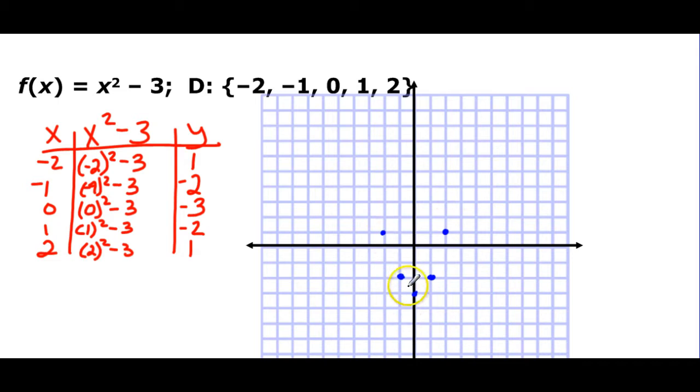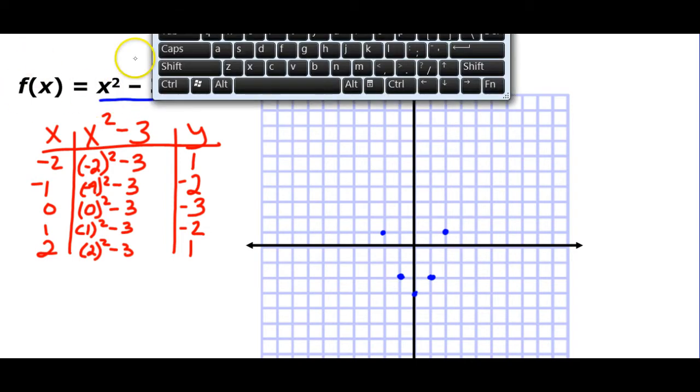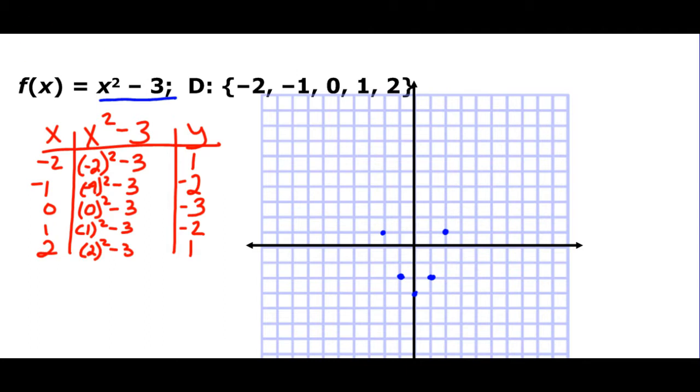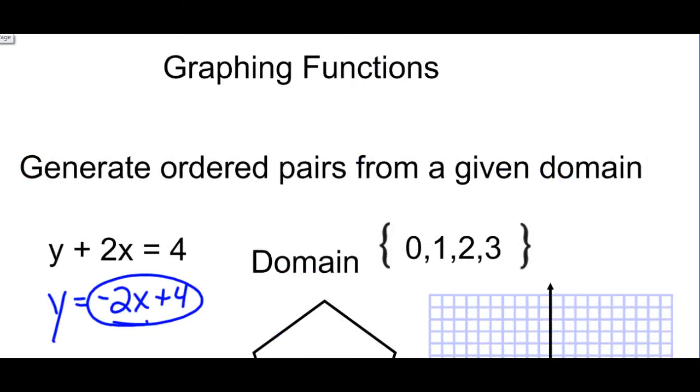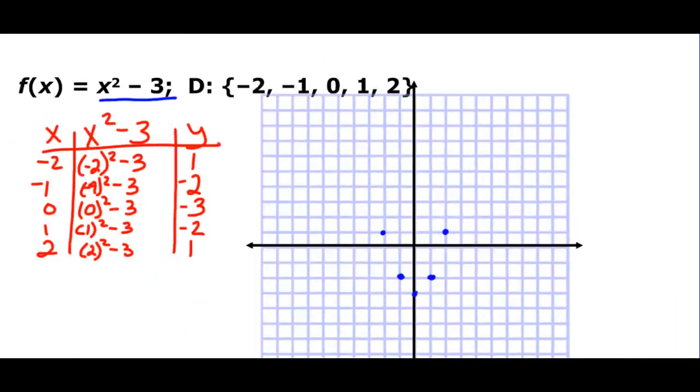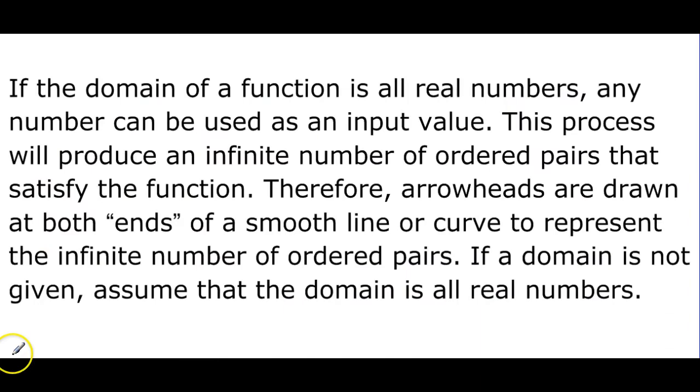It looks more like a U shape. Okay, well, that's interesting. What's different about this compared to this equation or this equation? We'll start looking at that as we go along. Let's look at those equations.